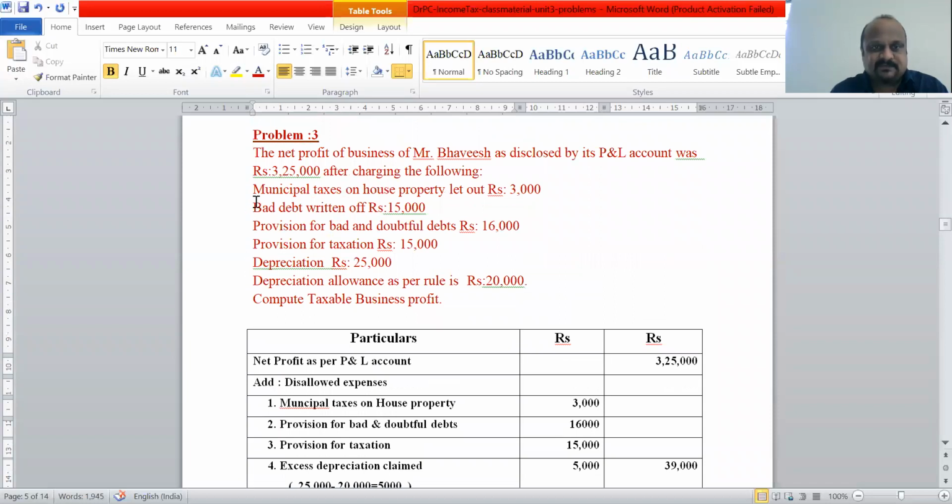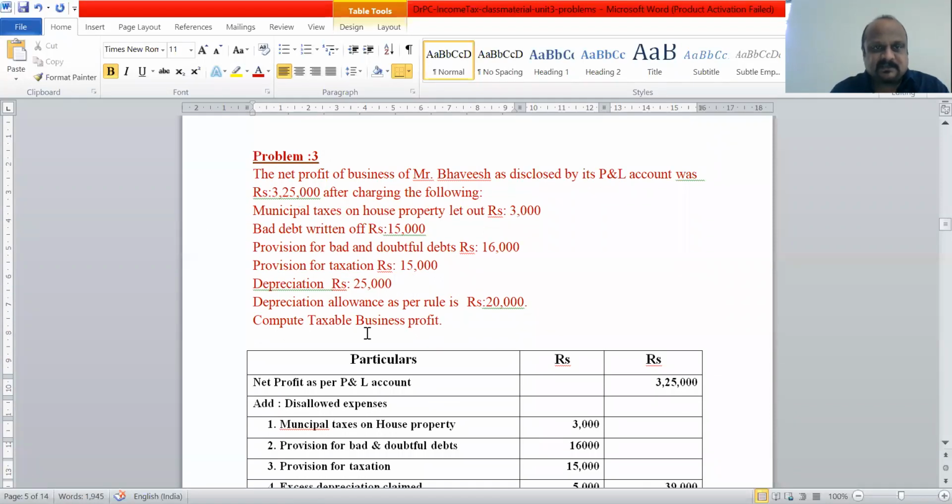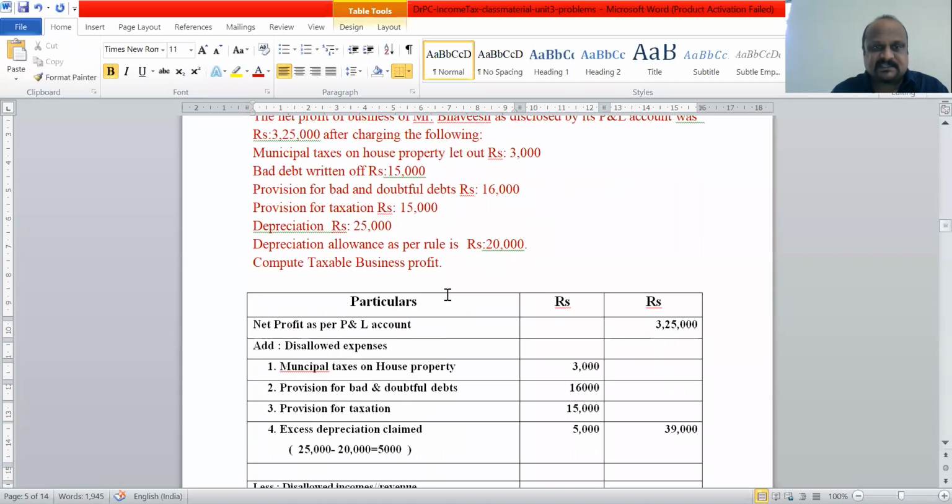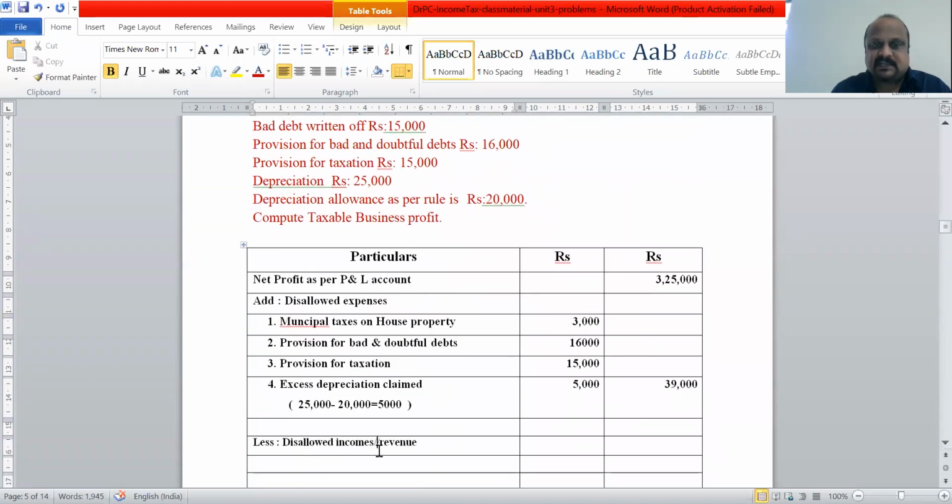Whatever he has given, we have used all of them here. That means under disallowed income or revenue there is nothing, so it is nil. If something were here, we should have subtracted it.